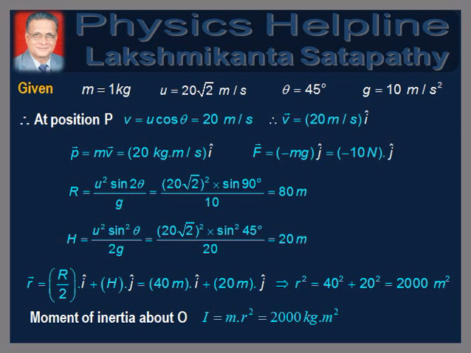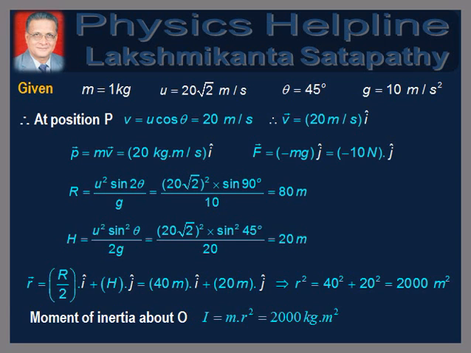And linear momentum of the particle is p is equal to mv. Since m is equal to 1 kg, we have the linear momentum vector of the particle at the highest point is equal to 20 kg meter per second into i cap.